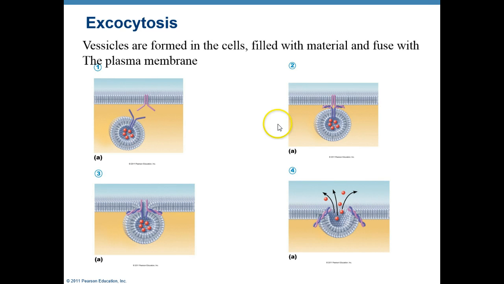That vesicle will be brought over to the plasma membrane, and then proteins embedded in the vesicular membrane will link with proteins in the plasma membrane, and that will essentially unzip the plasma membrane or the membrane of the vesicle, and then allow whatever was in the vesicle to be dumped outside the cell. So this is how your cells secrete proteins, neurotransmitters, and other polar molecules that they want to have control over when they go out. So they're not just passing through a carrier.